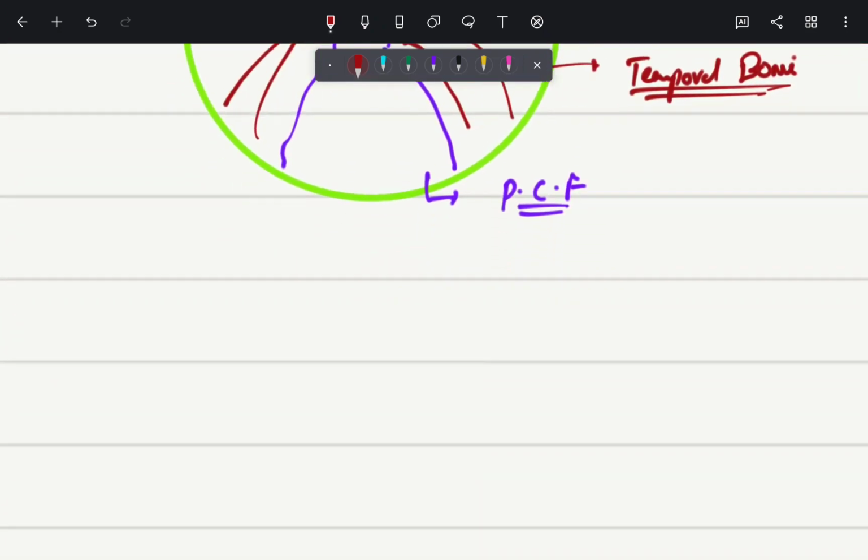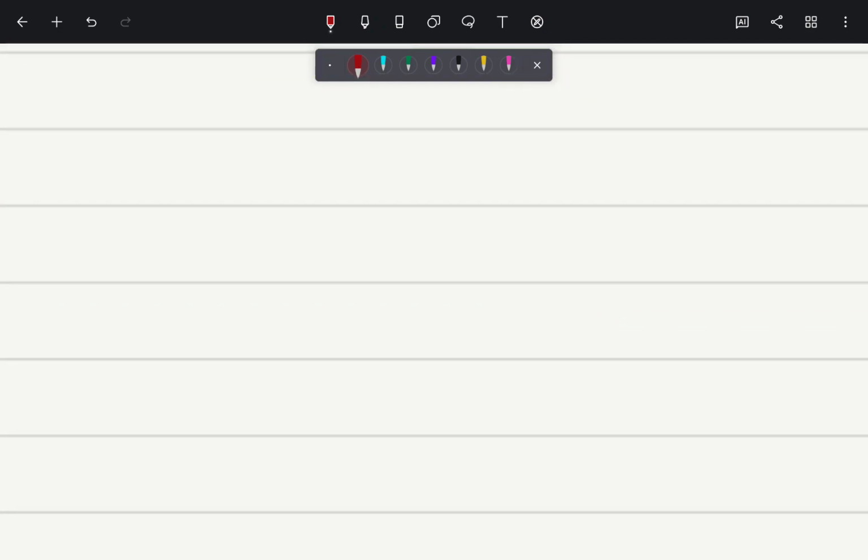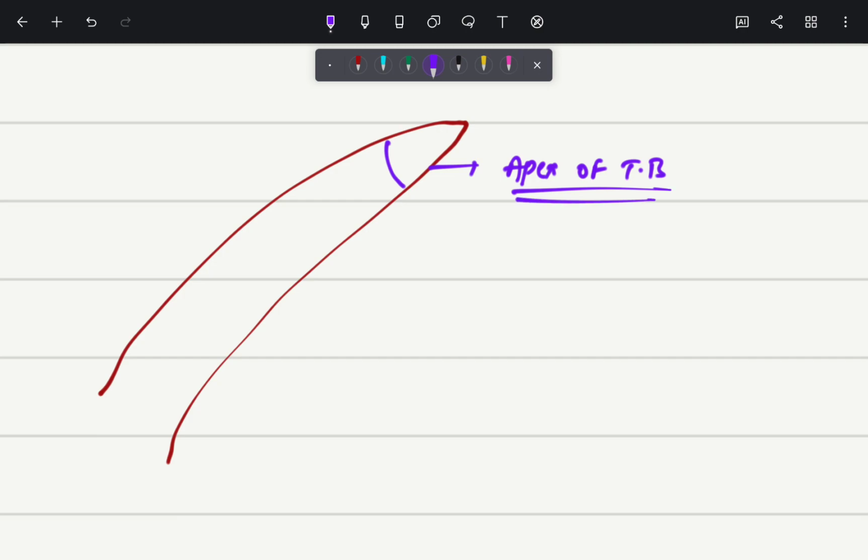We will draw the detailed structure of the temporal bone here in order to understand it clearly. This is the temporal bone, and it has an apex part. This is the apex of the temporal bone, and here is the petrous part of the temporal bone.